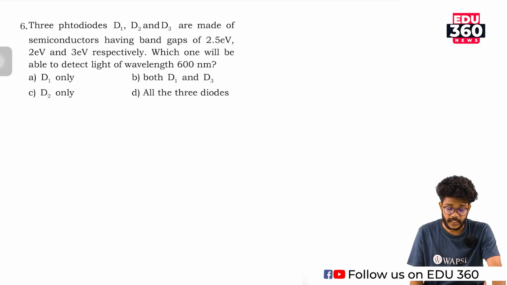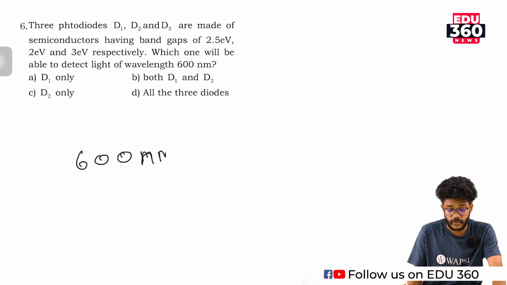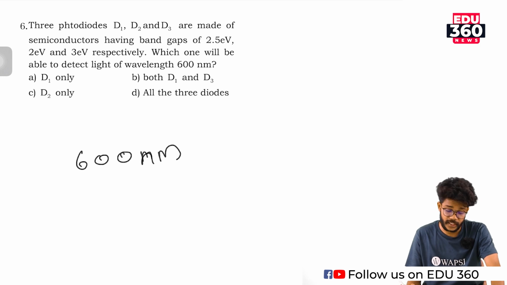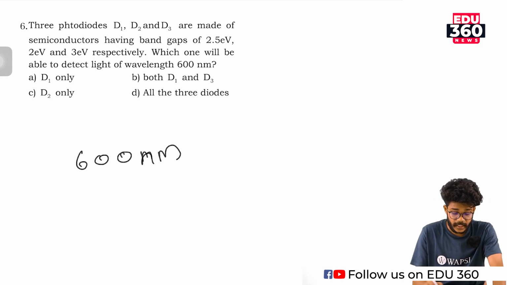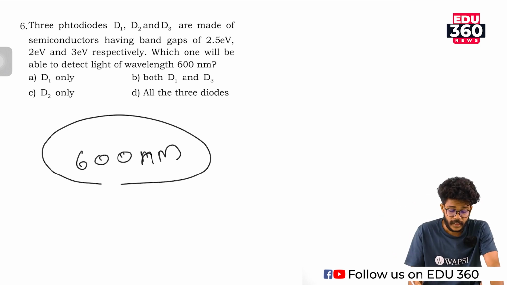Which one will be able to detect light of wavelength 600 nanometer? So we can calculate separate energy for D1, D2 and D3, and the energy of the incident wave should be greater than the energy of the band gap.